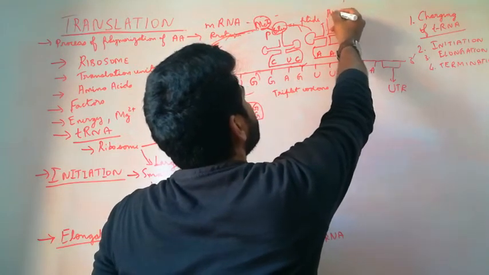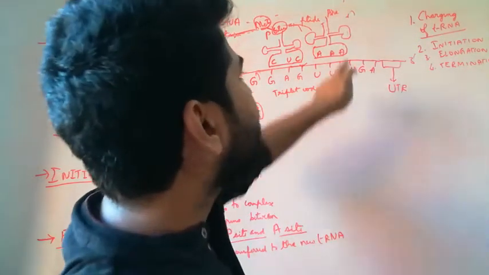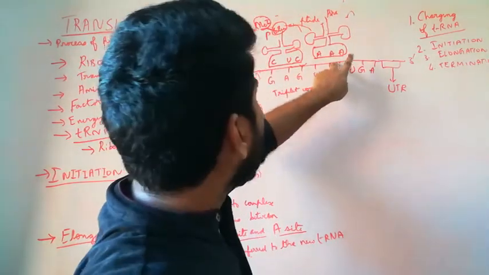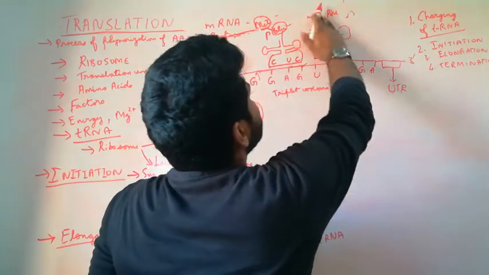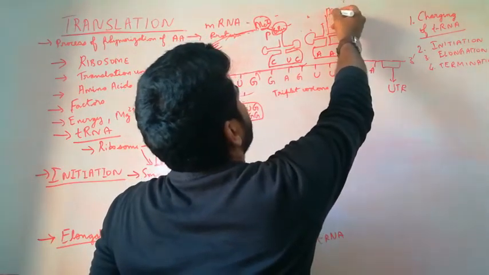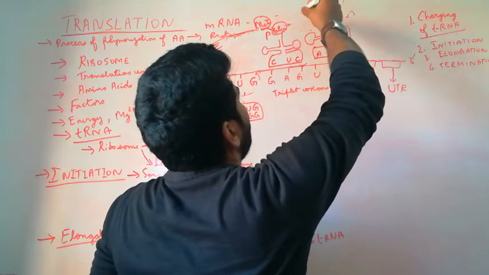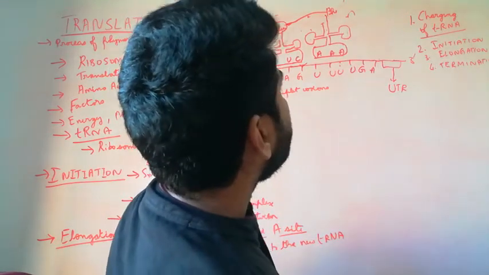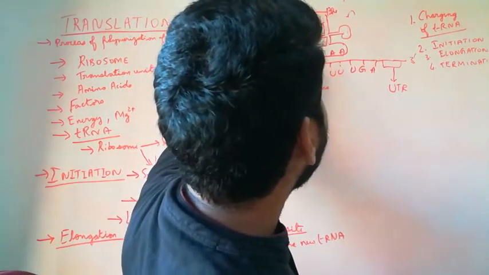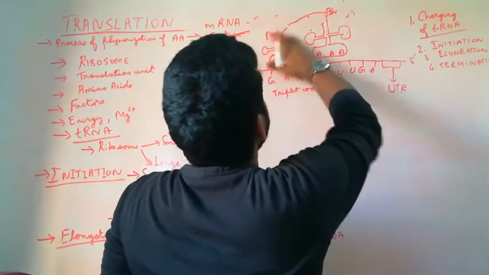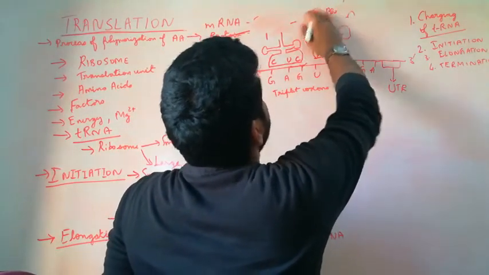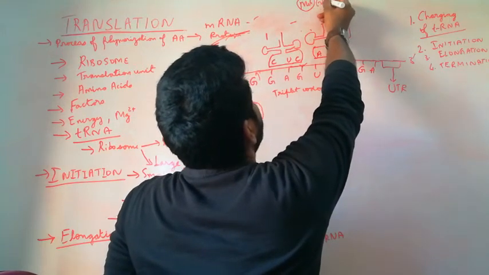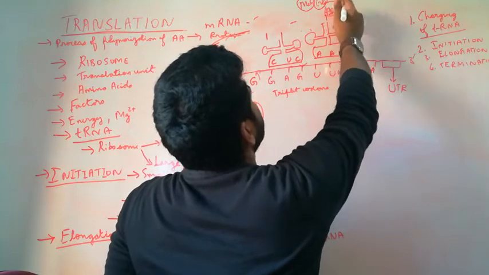So UUU stands for phenylalanine. So a tRNA carrying phenylalanine comes and binds to the A site. So once again, because of the close proximity, there is a peptide bond that is formed between this and this, and then this dipeptide molecule is transferred over here. So from this tRNA we get the chain that is transferred to this.